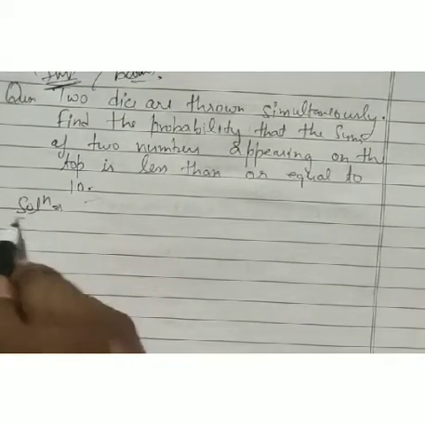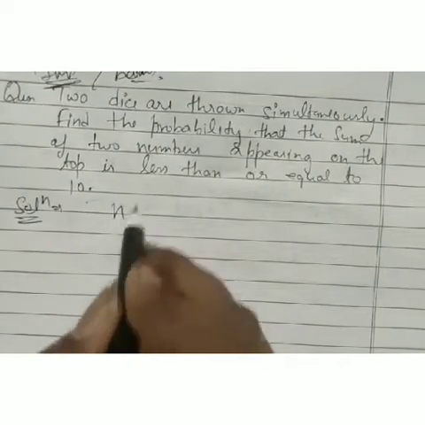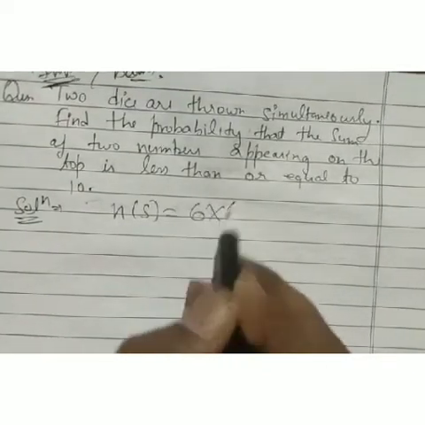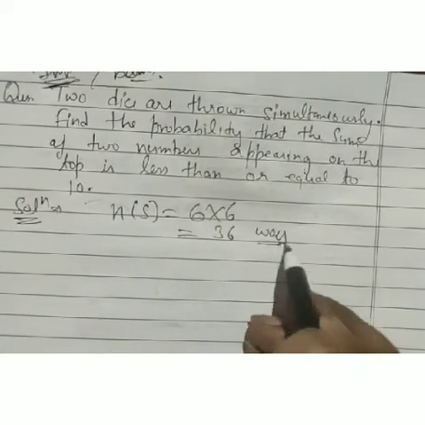Let's do the solution. We start with the number of sample spaces. It's 6 into 6, so there are 36 ways.